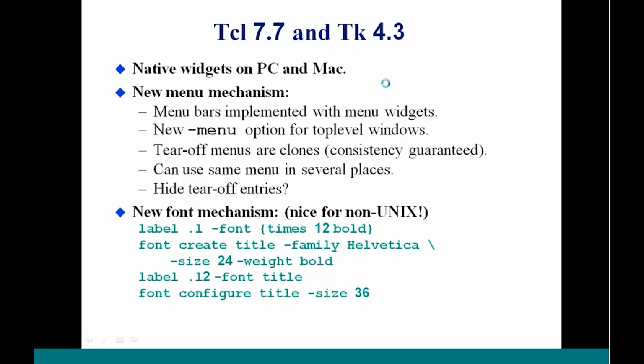There's a new menu option for top level windows. The menus are clones, and you can use the same menu in several places, and hiding a pair of entries is another issue. The new font mechanism is very nice for non-Unix machines.